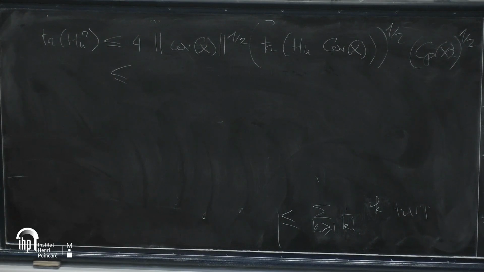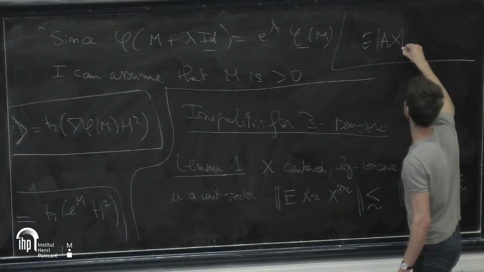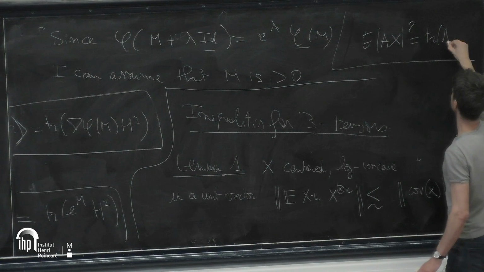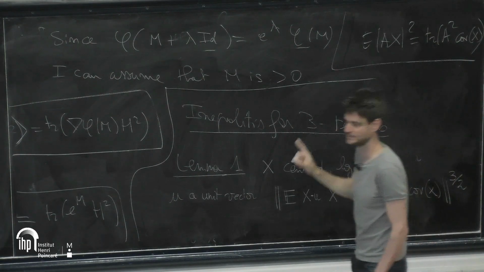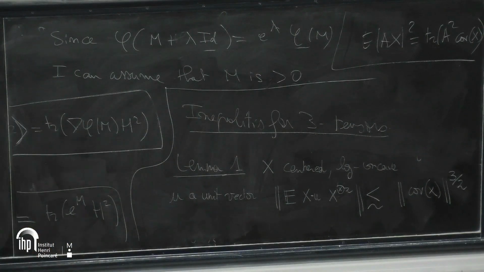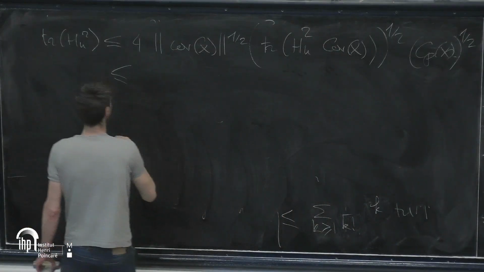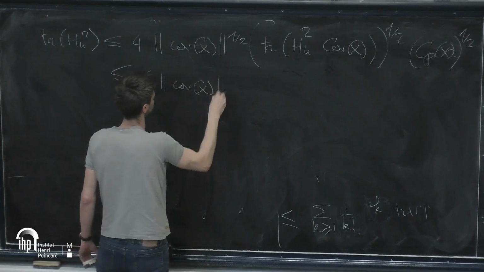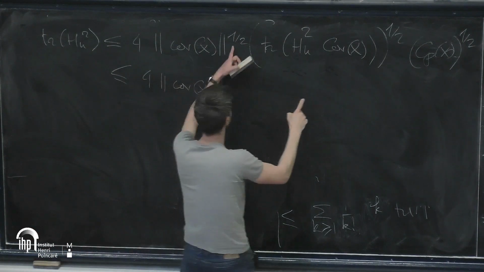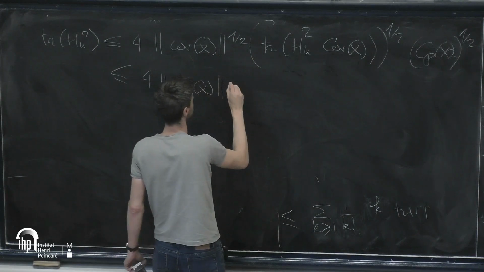Mistake. Yeah, you can interrupt when I make mistakes. Yeah, so it's expectation of |A x| squared, it's trace A squared covariance of x. Okay, so this is less than 4 times the operator norm. So there will be 1/2 from here and 1/2 from here, so 1.